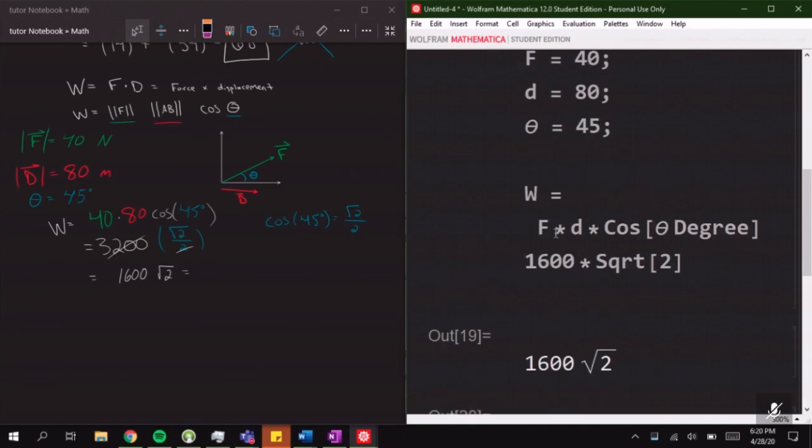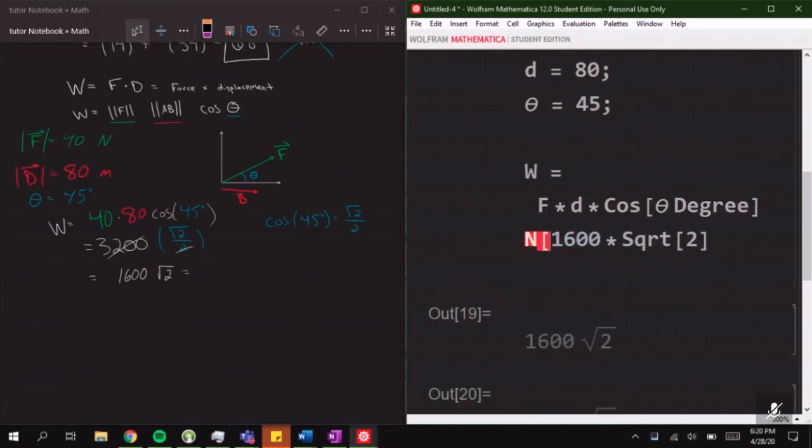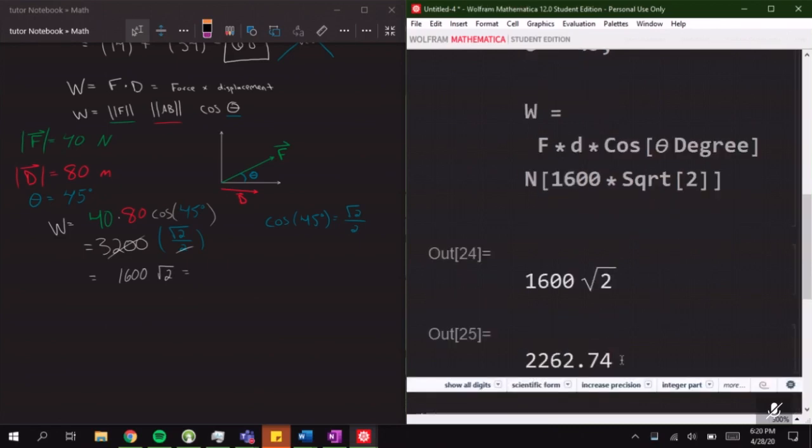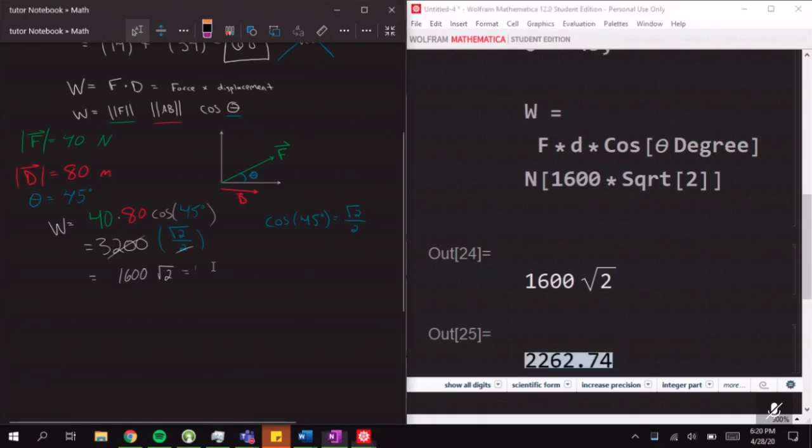We can apply the numerical N method to the solution to figure out what the decimal value is. So we can see that 1,600 times root 2 is equal to 2,262.74. And the unit for that is going to be newtons times meters, or newton meters.